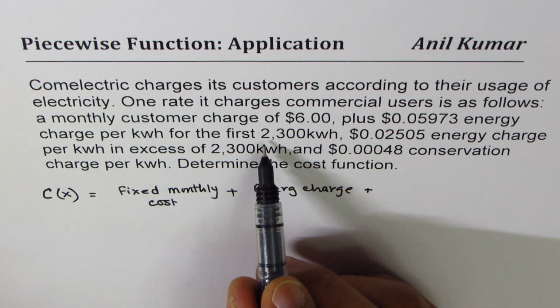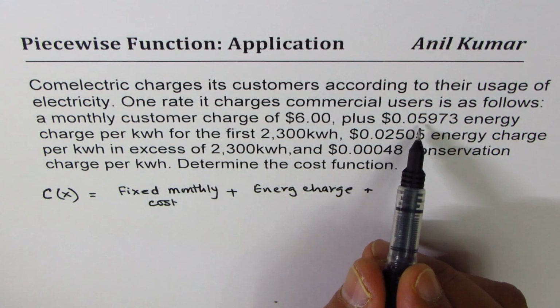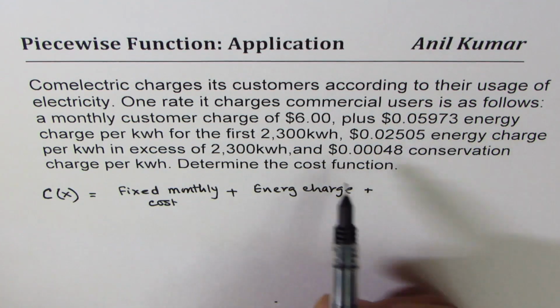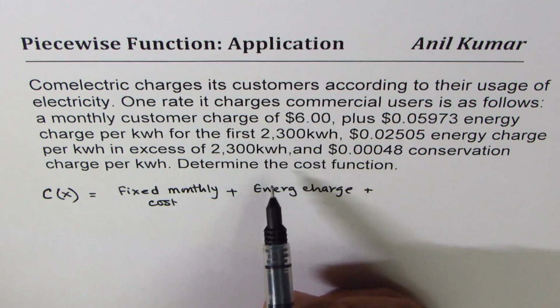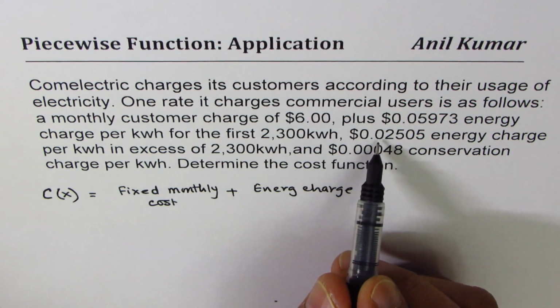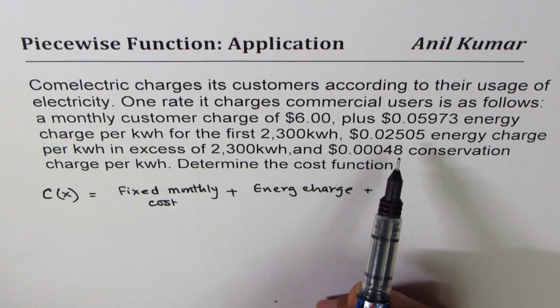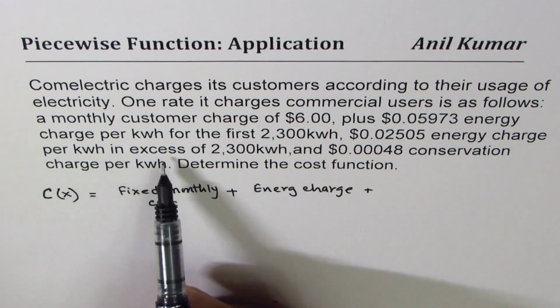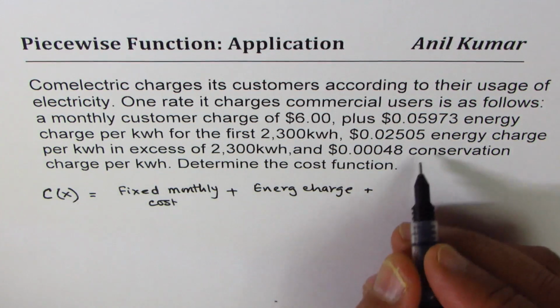If you are consuming 2300 kilowatts or lesser, you are paying at the rate of 0.05973. If you consume more than 2300 kilowatts, then you are paying at the rate of 0.02505, and in addition, there is a conservation charge.